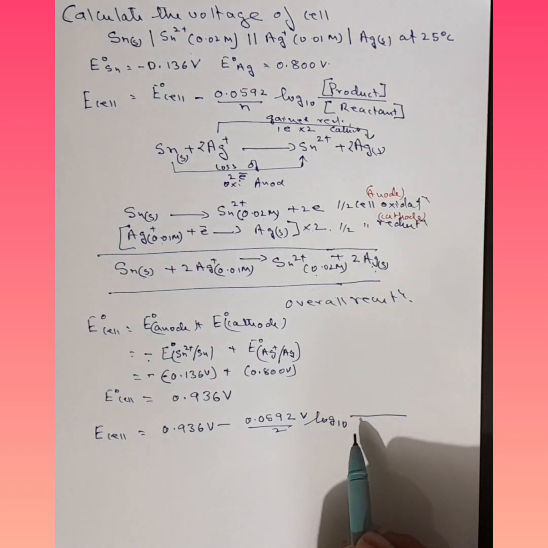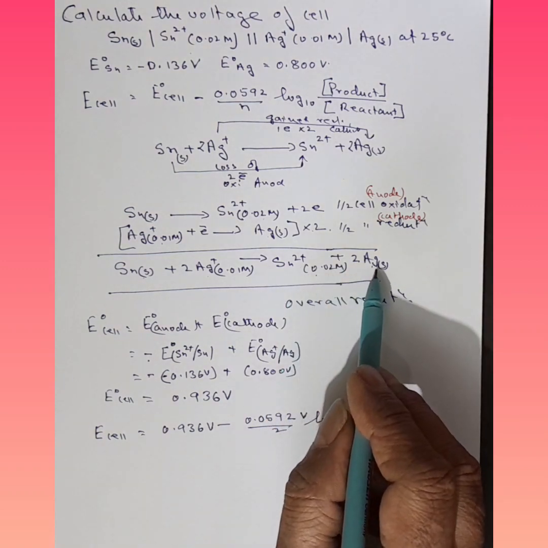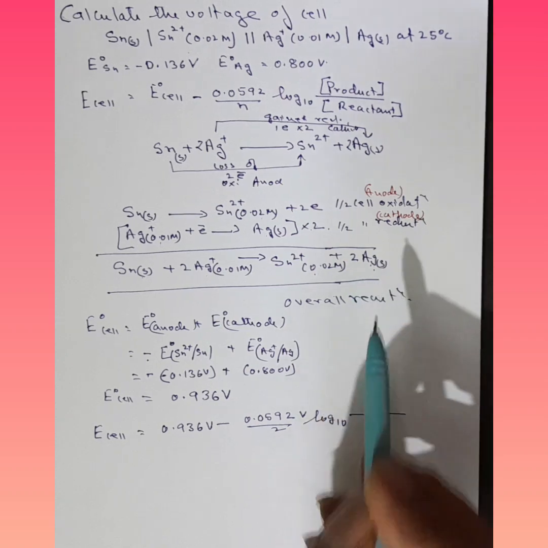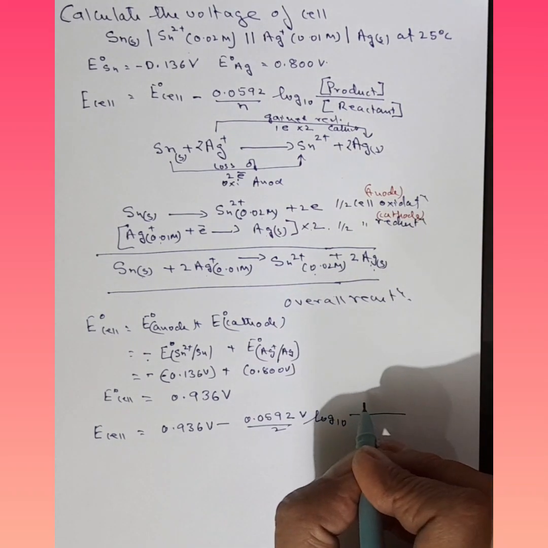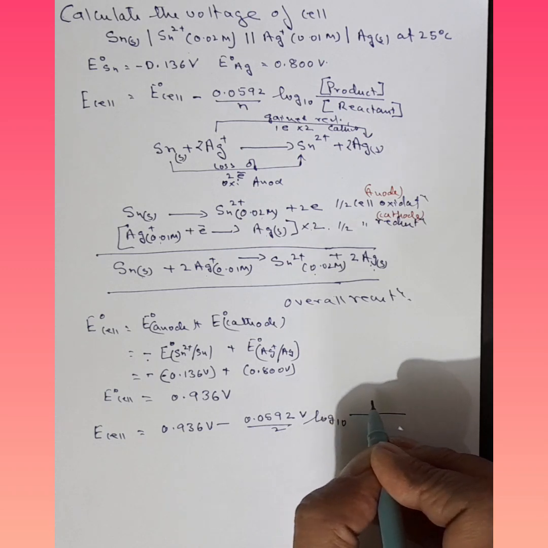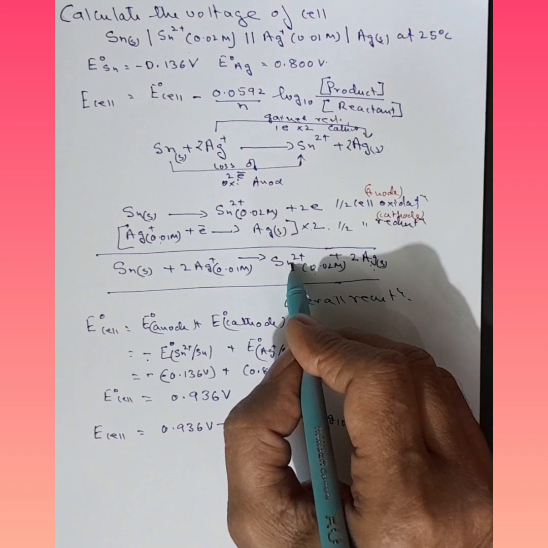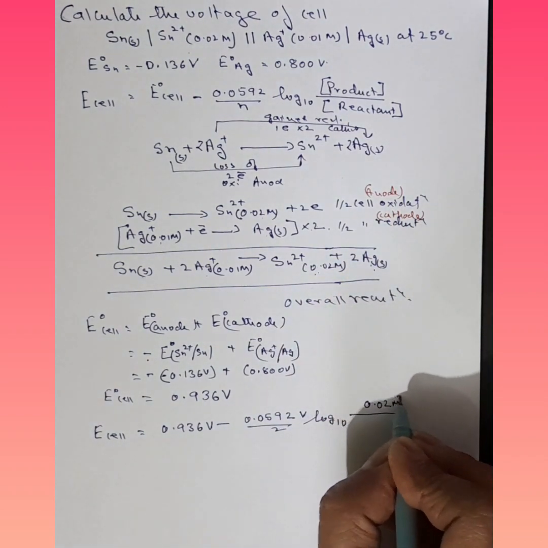Here, in the product we have got silver. As already mentioned, for a solid it's unity, so it's 1, and I'm not mentioning it over here. But Sn2 plus is there, so I'm going to write the concentration of Sn2 plus directly. So it is 0.02 moles.